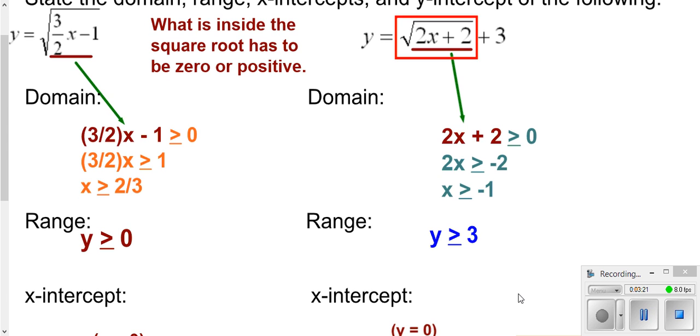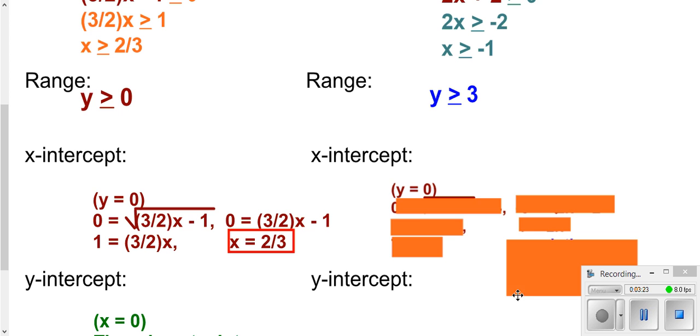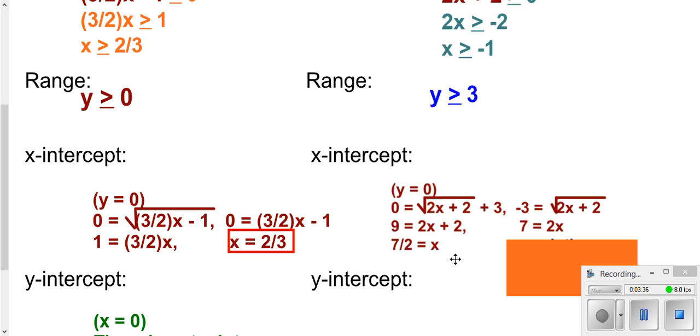Now your x-intercept is when y is 0, so we'll plug y being 0, and then we'll solve that. Remember, we've got to get our root by itself by subtracting 3, then we can square both sides, and we get this. But remember, in solving radical equations from earlier, we need to take our answer and check it to see if it works.